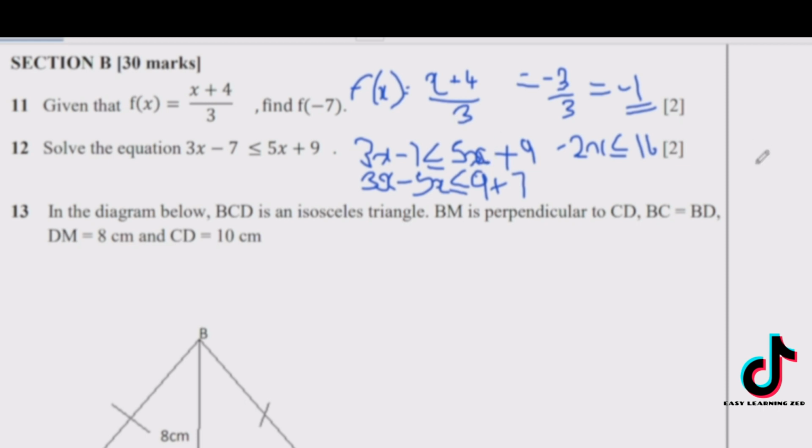Then we divide both sides by -2 so that we remain with x on one side of the inequality sign.